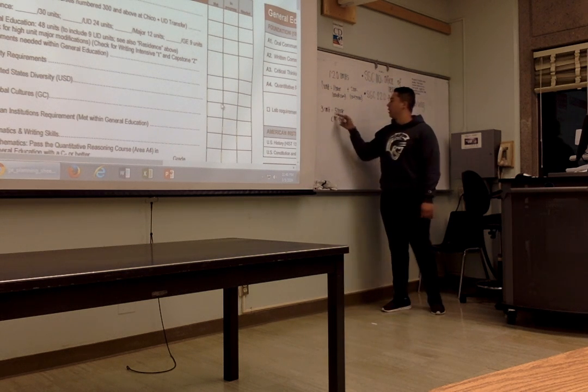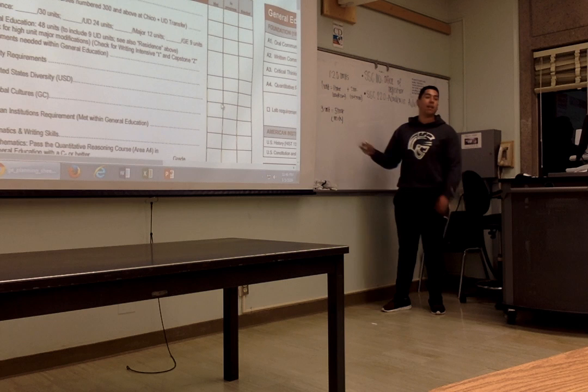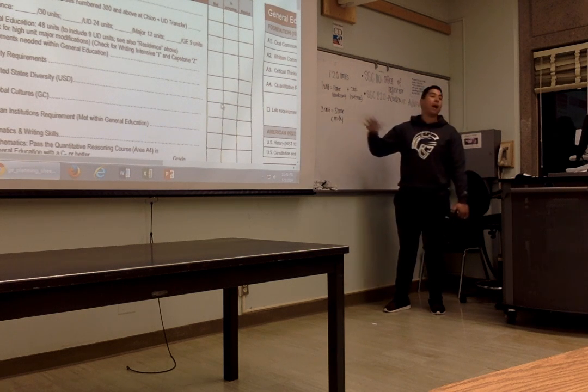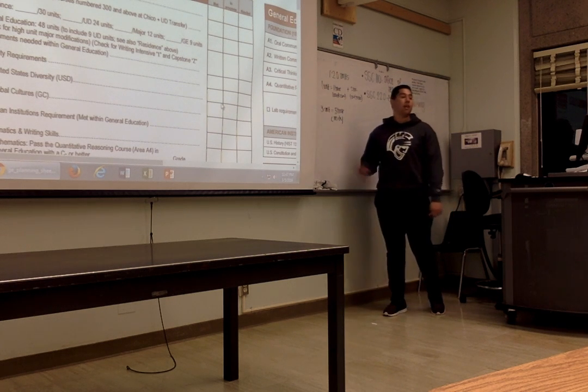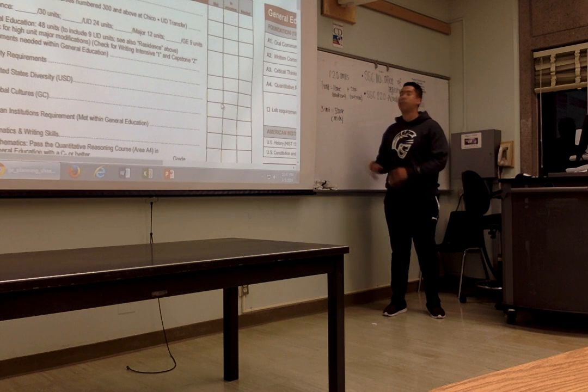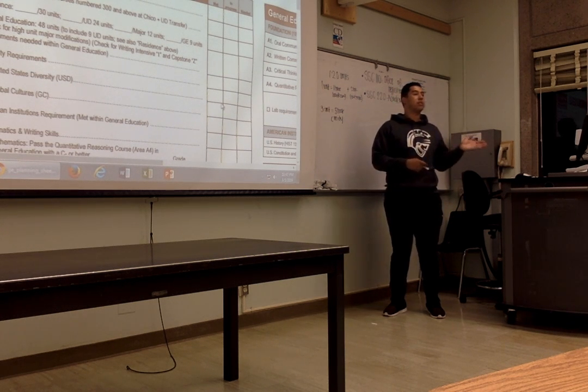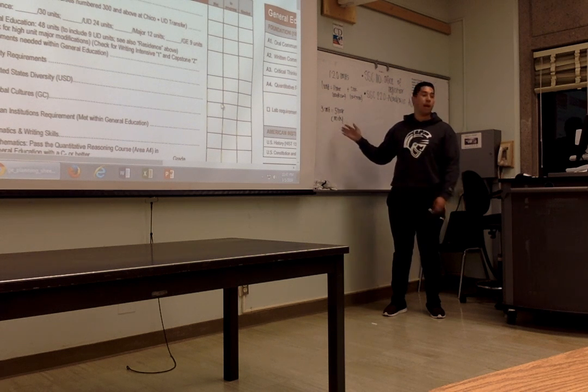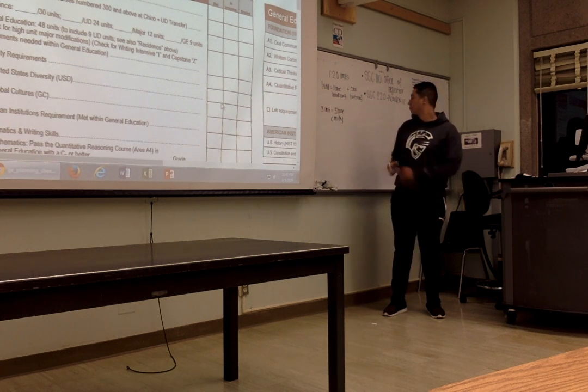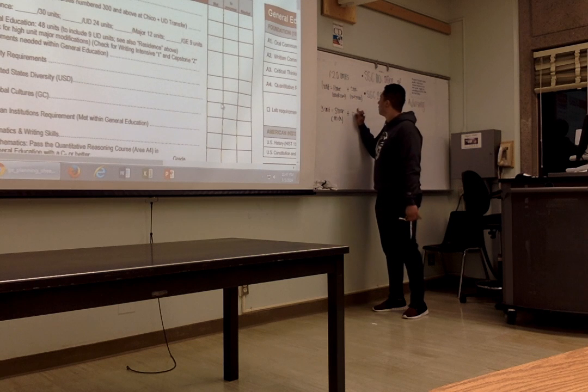And when I say 3 hours, it's not every day. This can be spread out. It just depends. You can have 50 minutes on Monday, Wednesday, Friday, or an hour and 15 minutes on Tuesdays and Thursdays. However it's spread out, it's 3 hours a week, plus 6 hours outside.